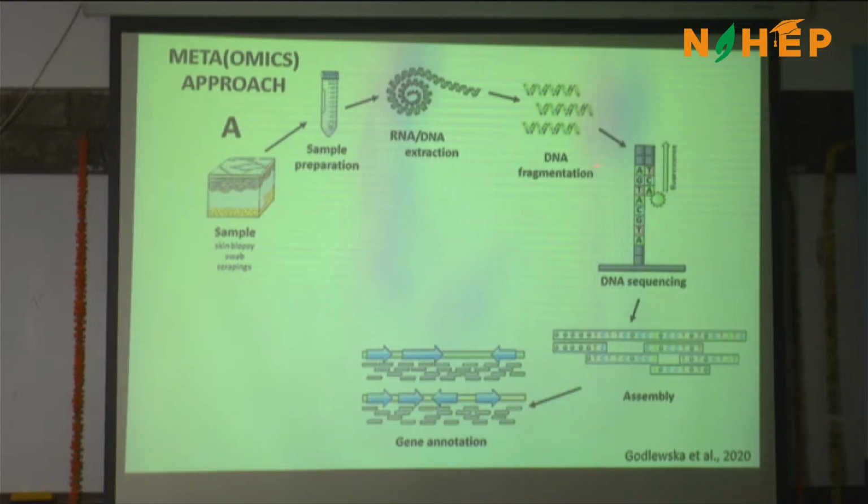Next is fragmentation. You need to shear the metagenome into small pieces. And then later on, as we know very well from our previous lectures, you do the assembly and then functional annotation.